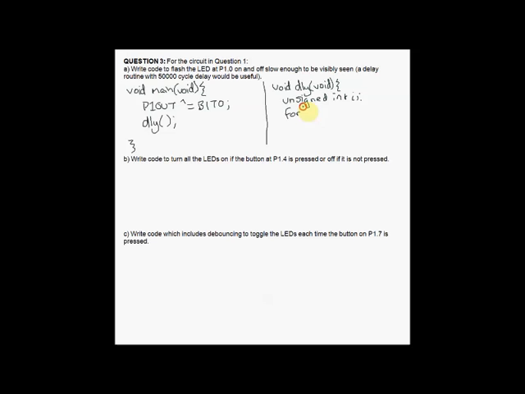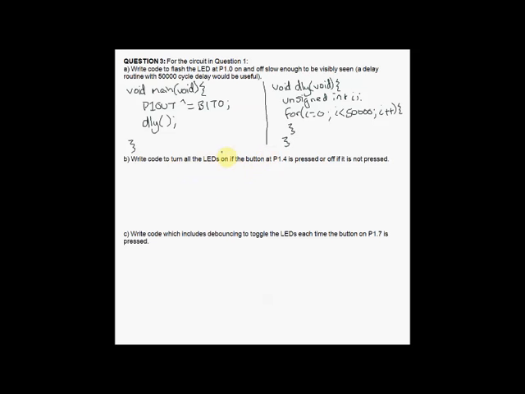So we say for i equals 0, i is less than 50,000, i plus plus, we delay, and then we're finished.